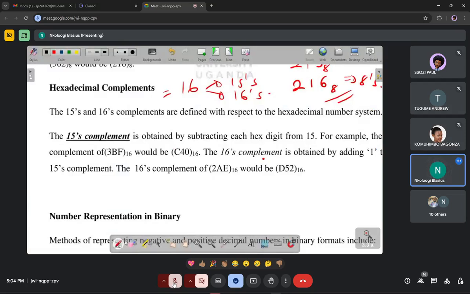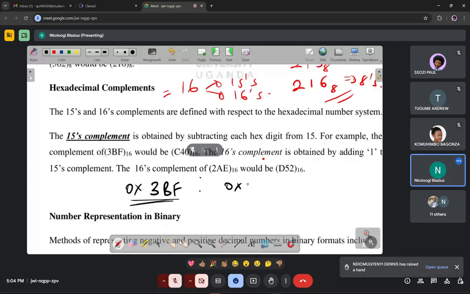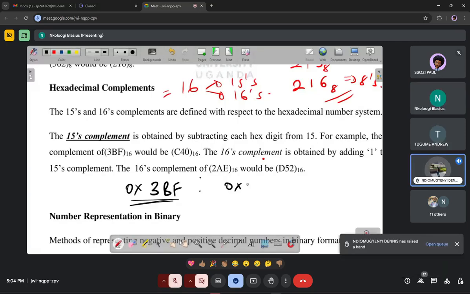Okay, let's go back to our PDF and do that example. So we have a number 3BF. We agreed that you can write it as this and don't even have to put the base here if you write the 0x, because you clearly have told me that this is base 16. So the 15's complement would be what? 15 minus 3. 15 minus 3 is 12.